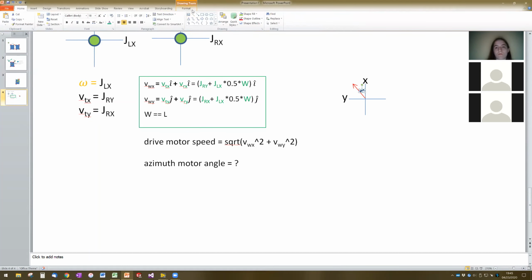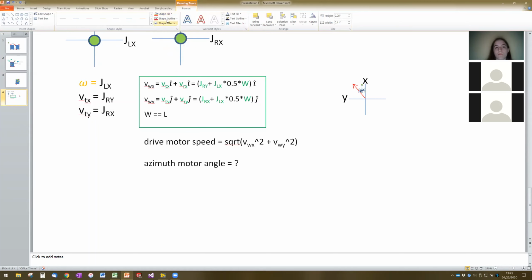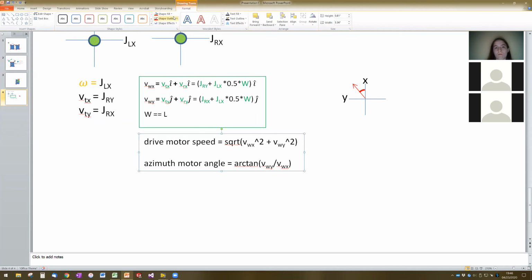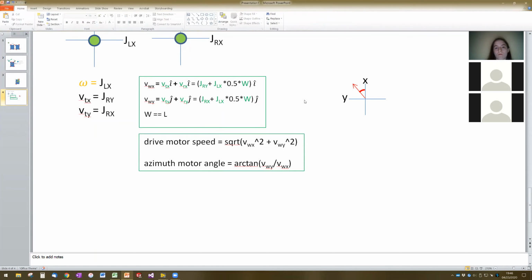In order to calculate this angle here, we can do the inverse tangent of the y component over the x component. So we would have arctangent, which is just another way to say inverse tangent. They're completely identical, of the y component of the velocity divided by the x component of the velocity. Does anyone have any questions about that set of equations?